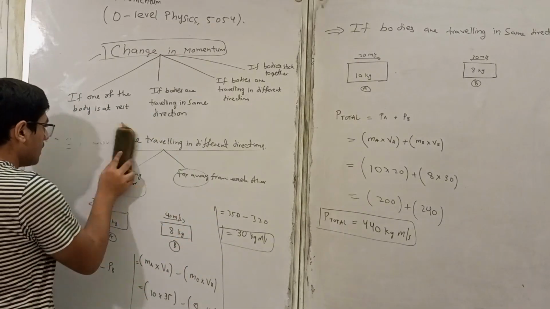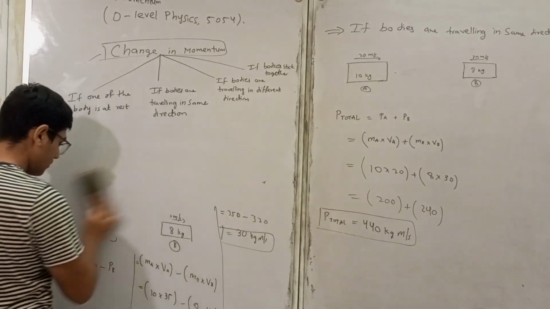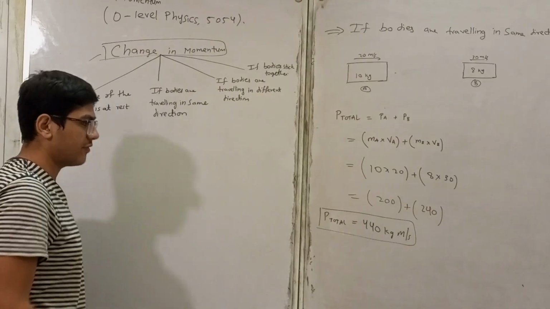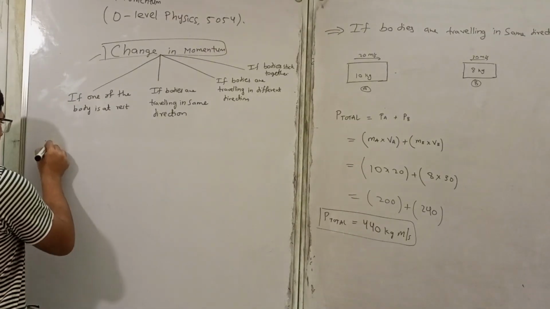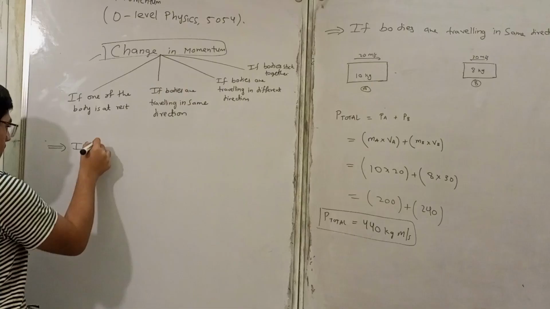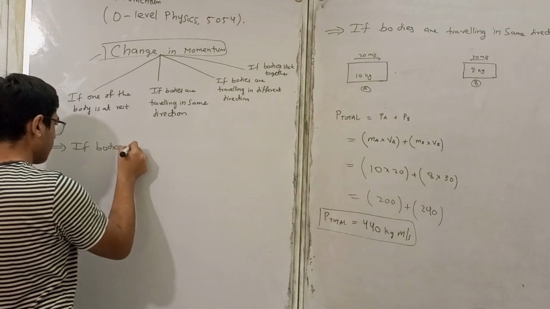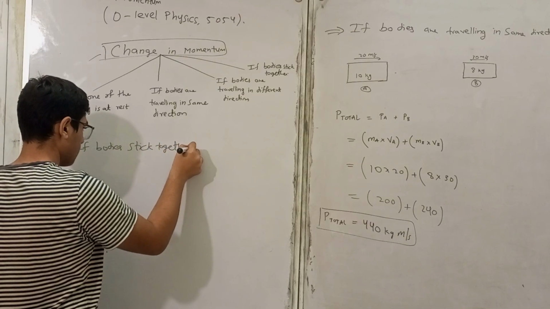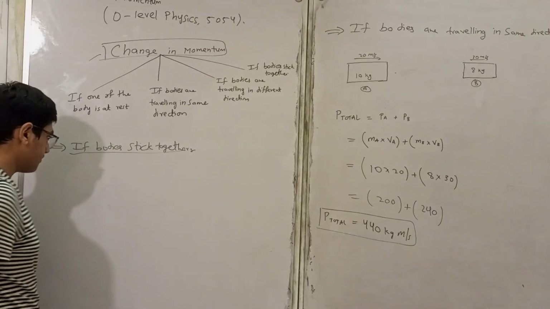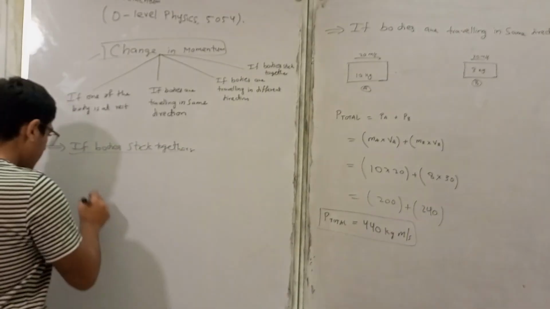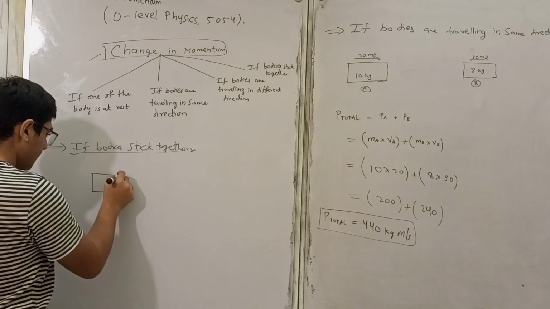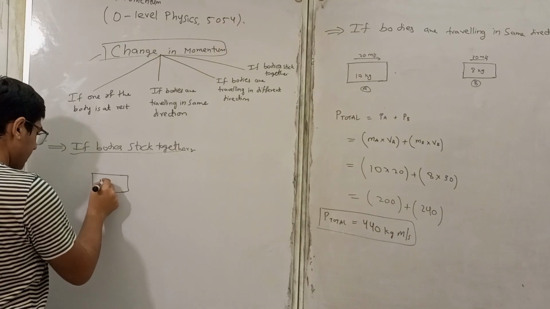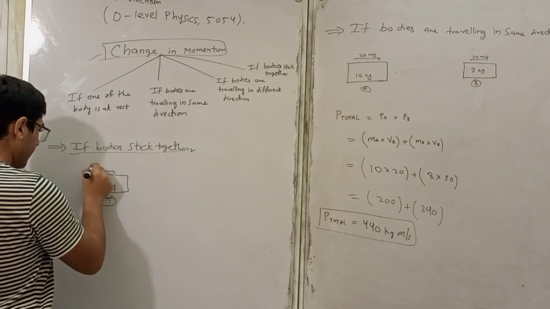Now let's move towards last scenario, and then we will wrap up this topic by studying law of conservation of momentum. If bodies stick together, let's say this is a car A with a mass of 10 kg and a velocity of 20 meter per second.